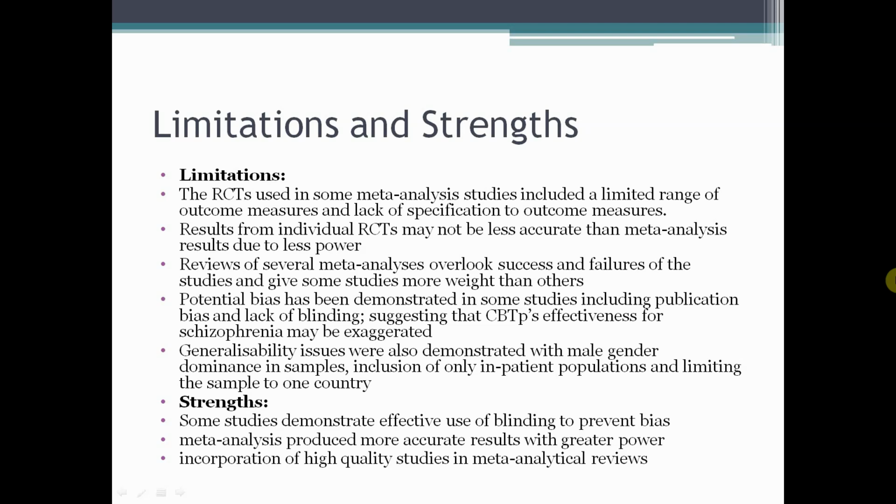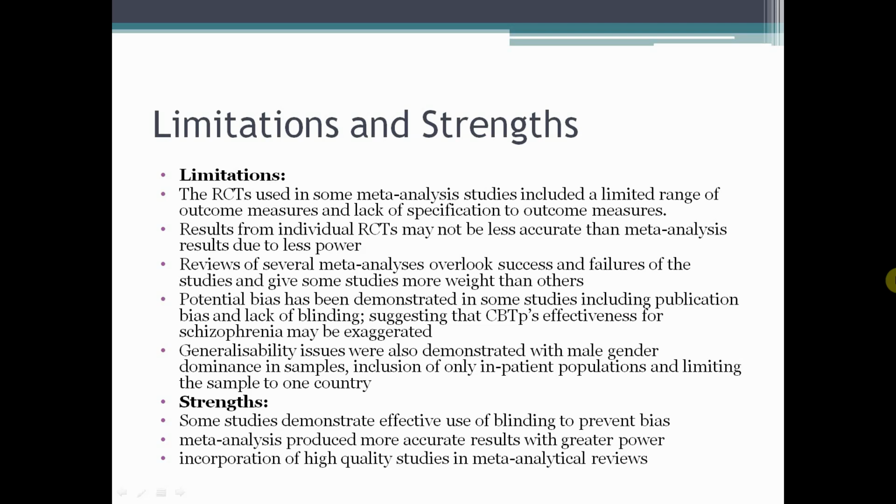Potential bias has been demonstrated in some studies, including publication bias and lack of blinding, suggesting that CBTP's effectiveness for schizophrenia may be exaggerated. Generalizability issues were also demonstrated with male gender dominance in samples, inclusion of only inpatient populations, and limiting the sample to one country.